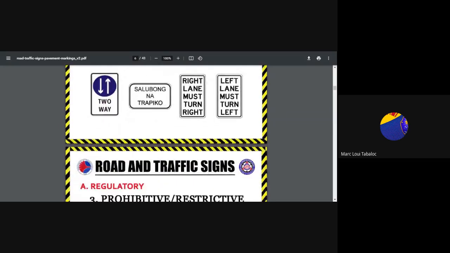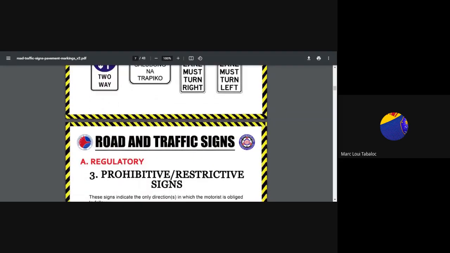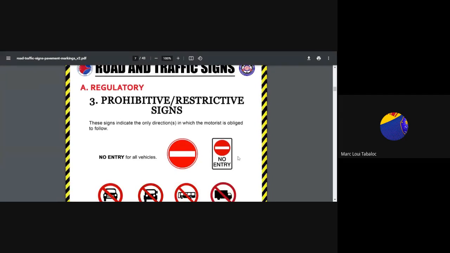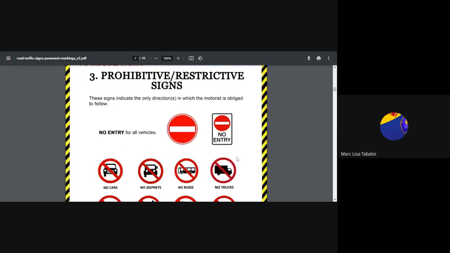Okay? Also part of the regulatory traffic signs are those prohibitive or restrictive traffic signs which prohibits or restricts movement of vehicles. For example, yung mga no entry. Okay? Minsan nasa gate sa eskwelahan, minsan nasa daan. Okay?